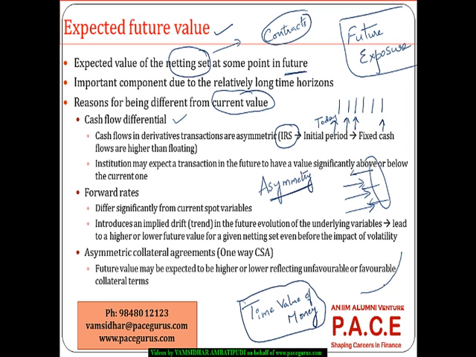If that's the case, I expect that the floating rates are going to increase in the future, which means in the initial period, but the fixed rate, whatever we have come out with, is arrived at by taking all these expected future rates into consideration.